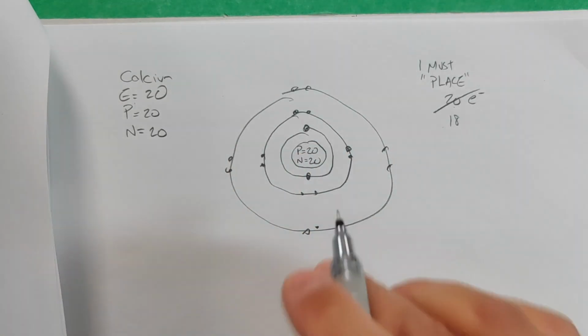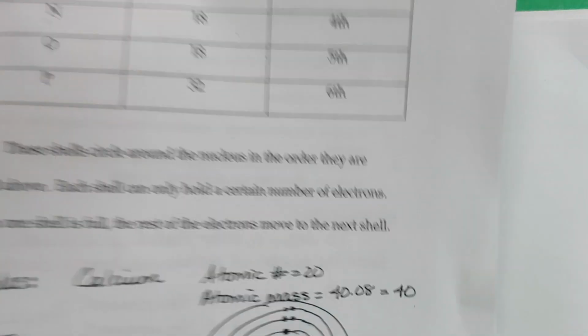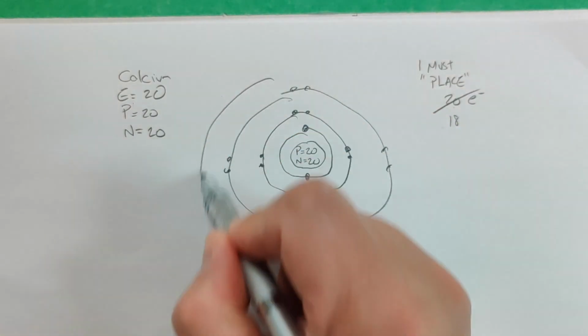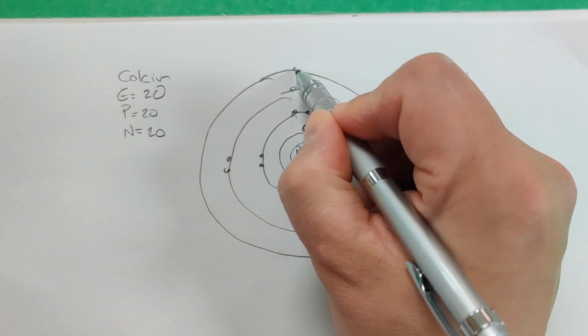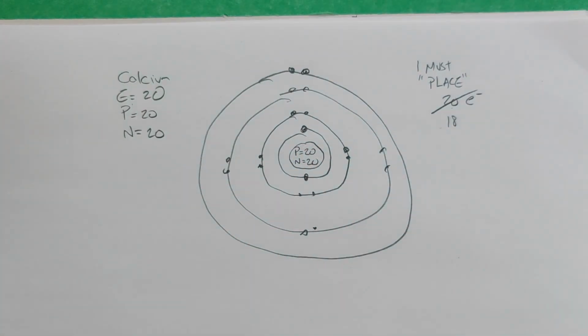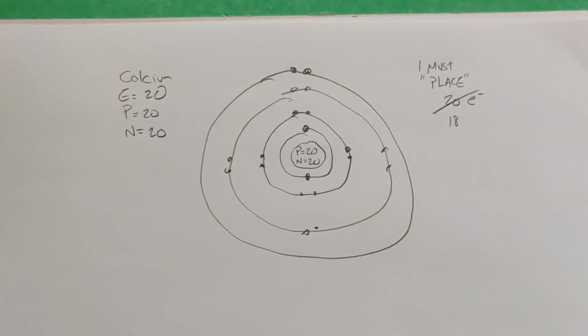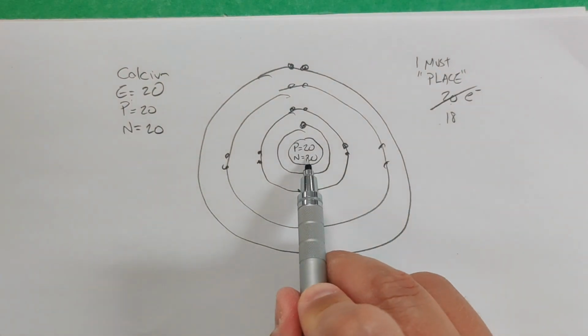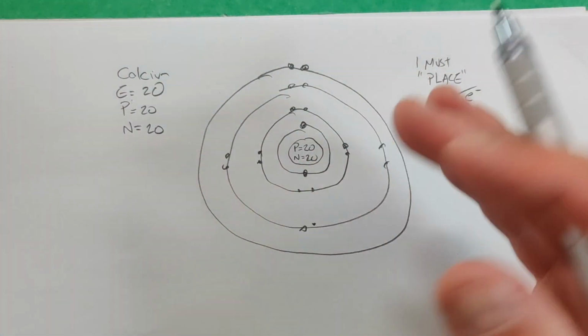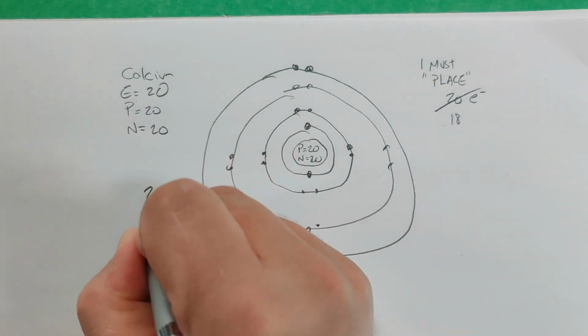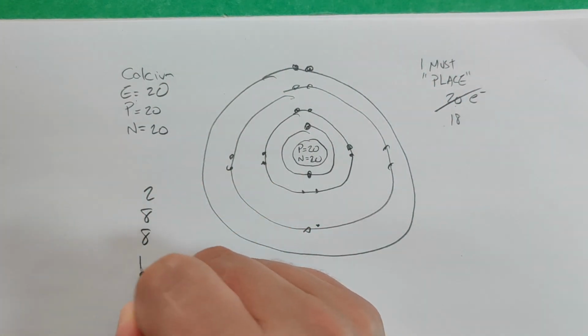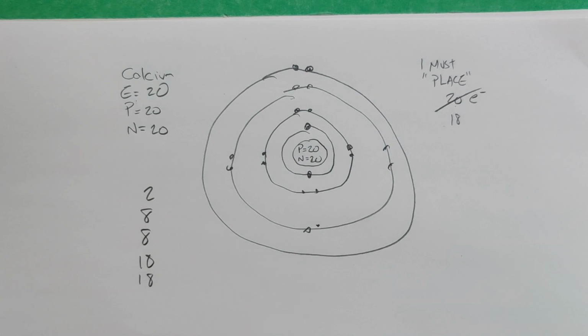I have placed 18 electrons, which means I have 2 more. Can the next ring? Oh, it can hold 18, so there's no problem there. So I can just draw the last one, and I can draw 2 electrons there. That's how you come up with this diagram here. You put the protons and neutrons in the middle, and you put the electrons in rings depending on how many. And remember, it's 2, 8, 8, 18, 18, and 32, depending on each ring.